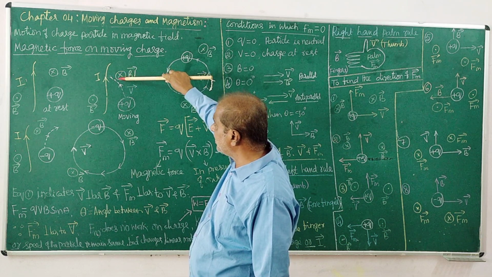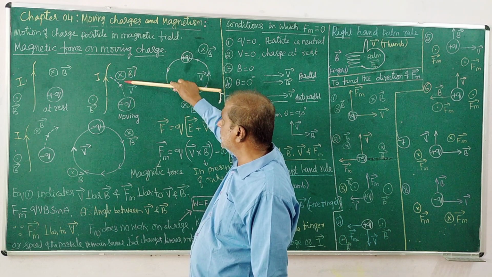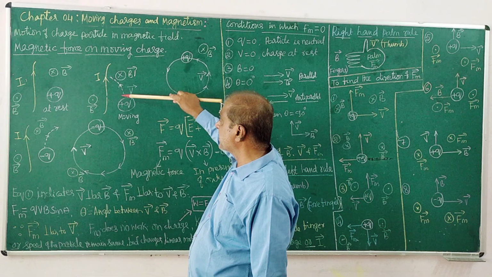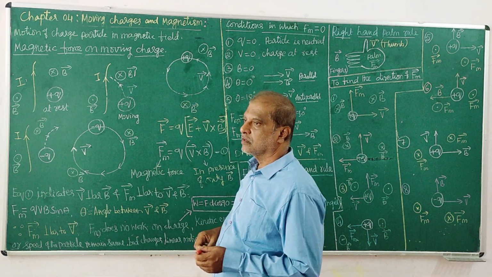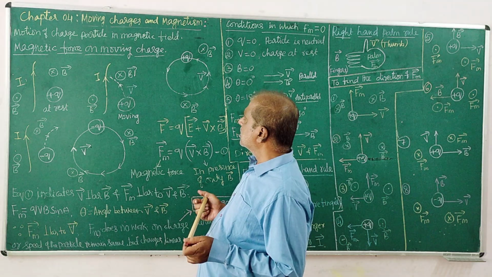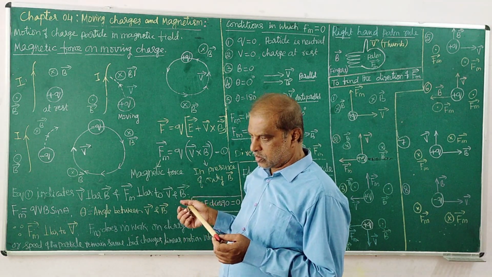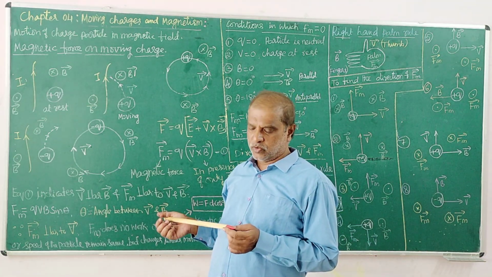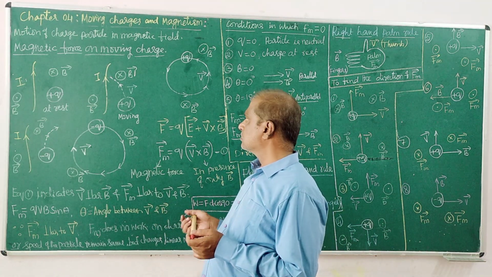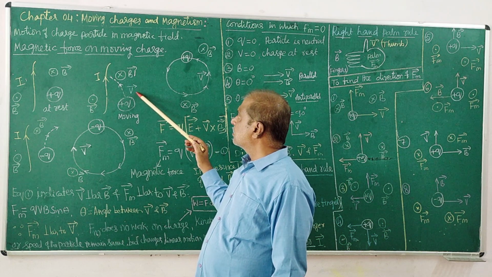This magnetic field can have interaction with the moving charge. That interaction produces a magnetic force. And what is the amount of force? Lorentz said it is the interaction between two vectors: the velocity vector and the field vector.